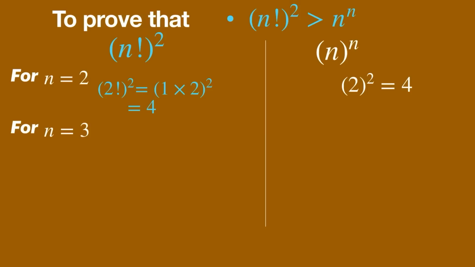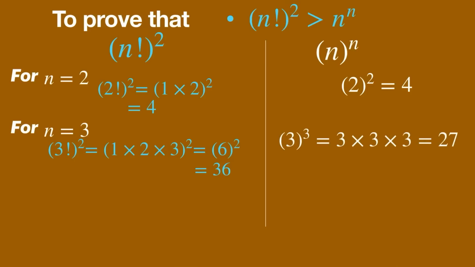For n equal to 3, (3 factorial) square means 1 into 2 into 3 whole square, that is 6 square, that means 36, and 3 to the power 3 is 3 into 3 into 3, that is 27.